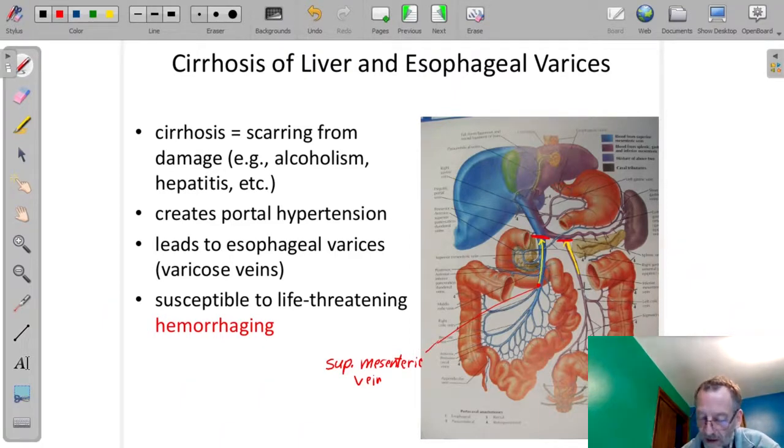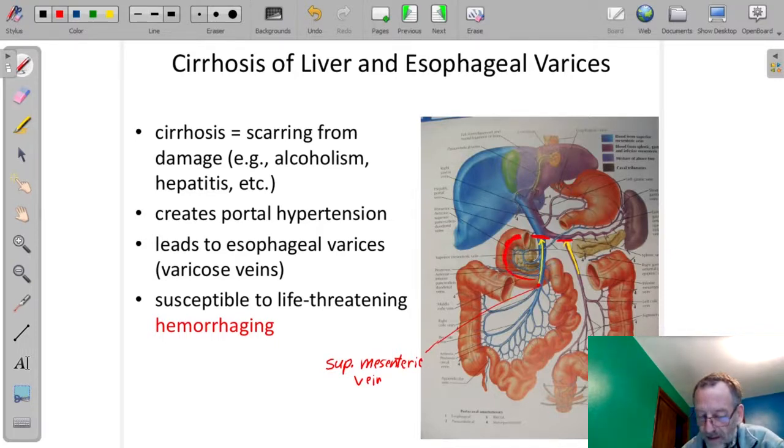And notice that the superior mesenteric vein is supplying blood to all of the small intestines. So here is the duodenum. So this is small intestine.